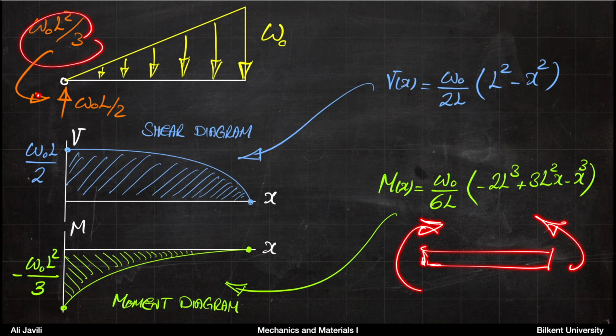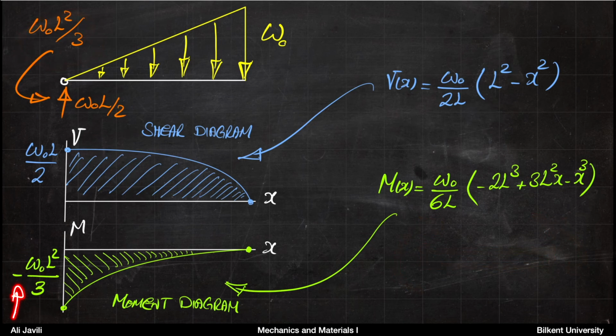And then this was counterclockwise, so that's why you get a minus here. But in terms of value, it's the same thing. And also, if you set x equals L, then you also get 0 at the end of the beam. So that's that. This is all you were supposed to do for this example.